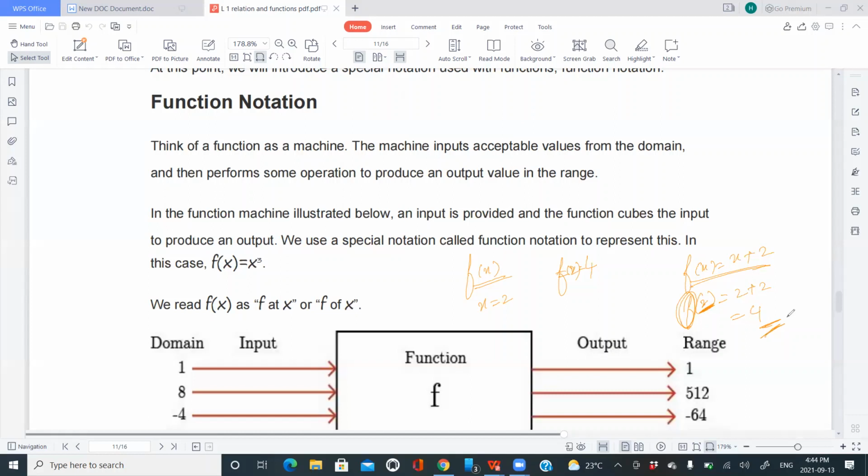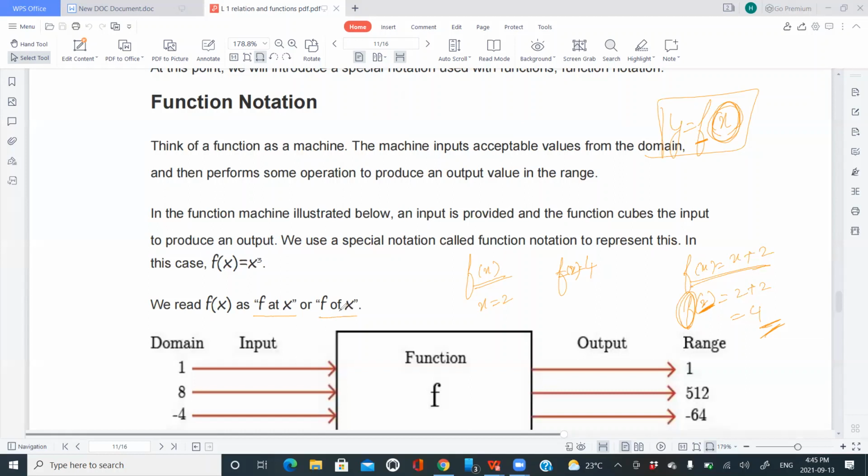So this is called function notation. Like this, f(x) is my y, my function notation. And if I need to find the value of the function at some value of x, I can find it like that. We can say f at x or f of x.